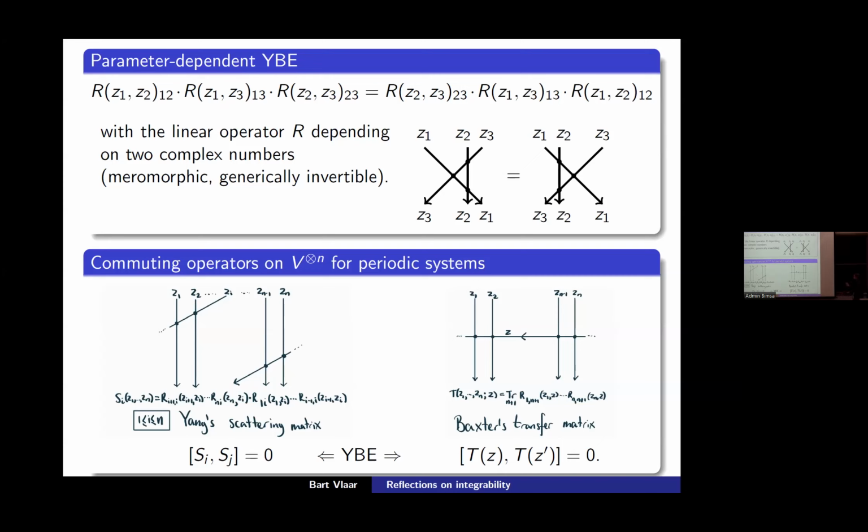So there's a different construction, which is actually closely related, but originates more in statistical mechanics. You have two-dimensional vertex models. So you have basically a square lattice. You split it up into rows, let's say, and you assign to each junction of vertical and horizontal lines a linear operator.